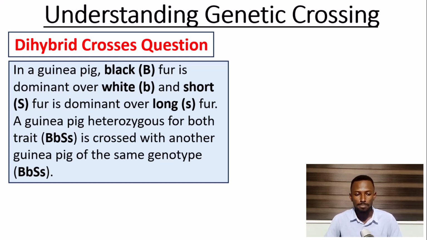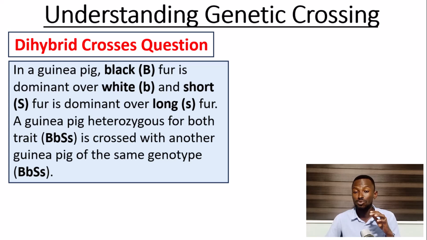So a guinea pig heterozygous for both traits. Heterozygote means the traits are not the same. So if you pick fur color, on each homologous chromosome, the traits found on each of them are different. For example, it has black, capital B, and white, small b. That is why it's called heterozygote for both traits.